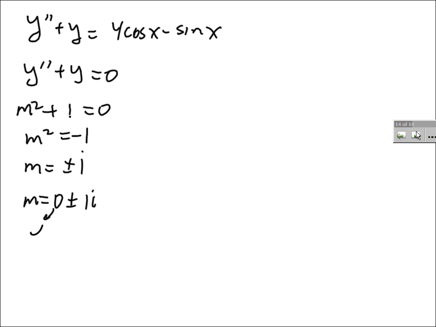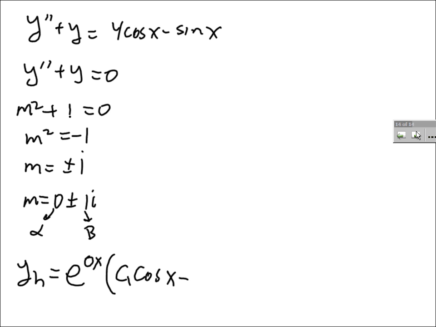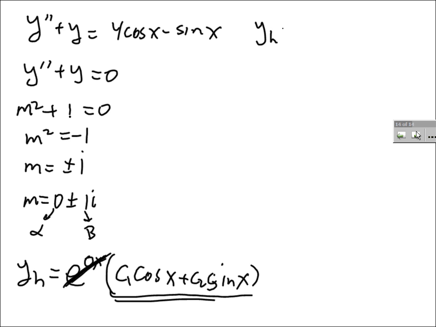So that's the a and that's the b for the solution. y homogeneous is e to the ax times c1 cosine of bx, that is 1x or x, plus c2 sine of 1x or x. And e to the 0x is 1. So y homogeneous is c1 cosine x plus c2 times the sine of x.